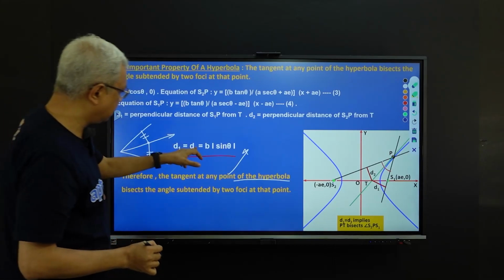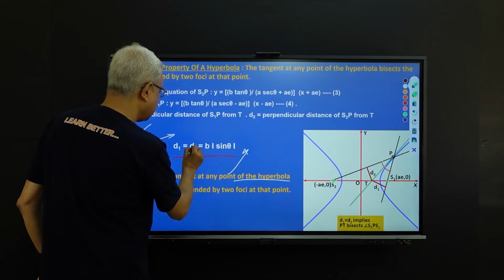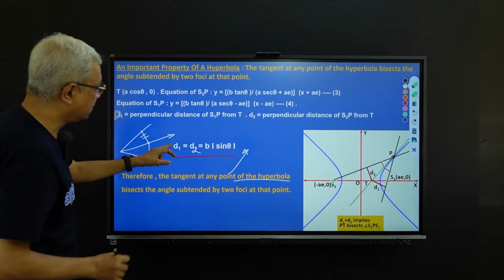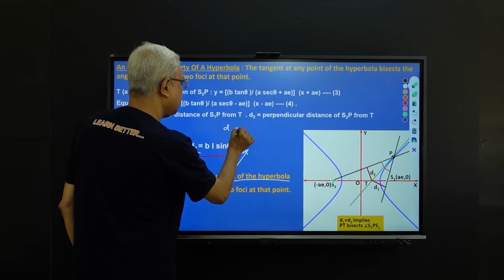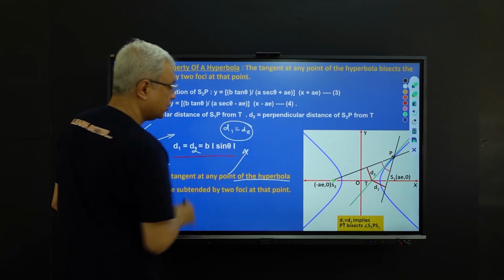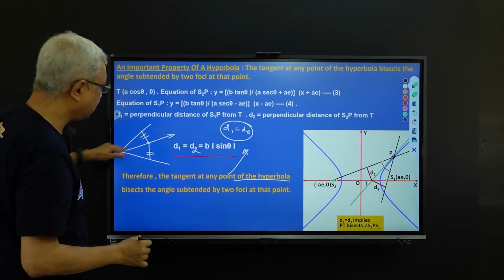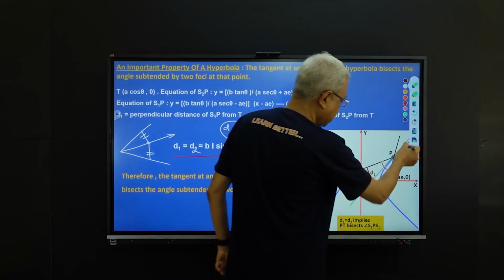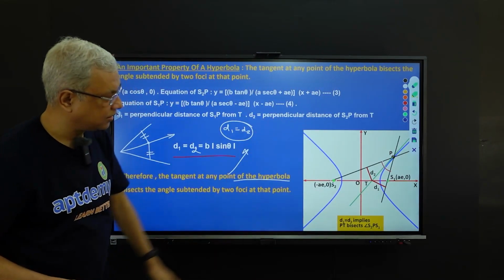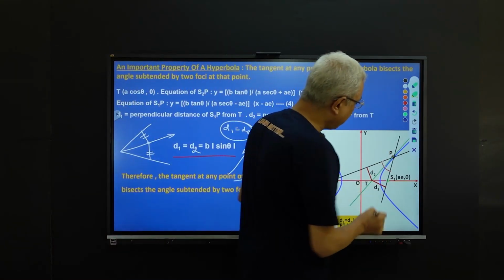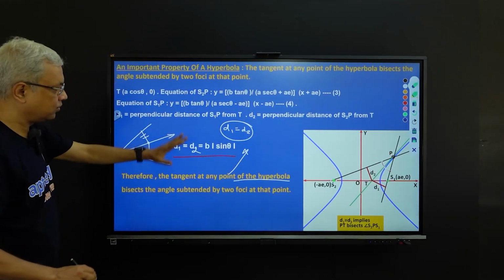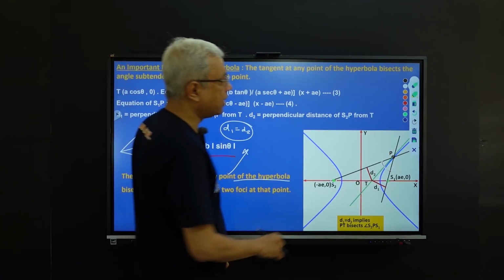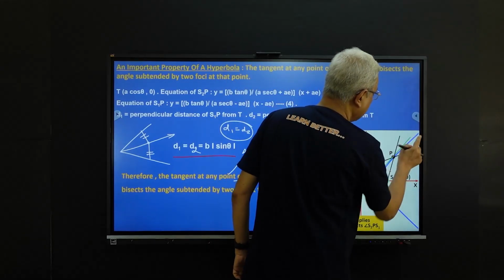So since d1 is equal to d2 equal to b sin theta, therefore this line, in this case the green line, which is nothing but the tangent, is the angular bisector of this angle. So this is a very important property we have learned. This will be very handy for solving this problem.